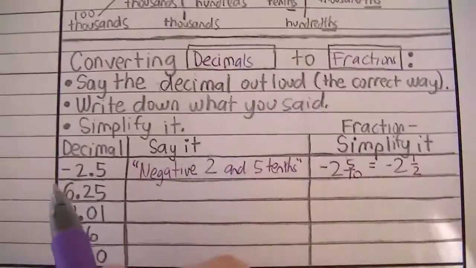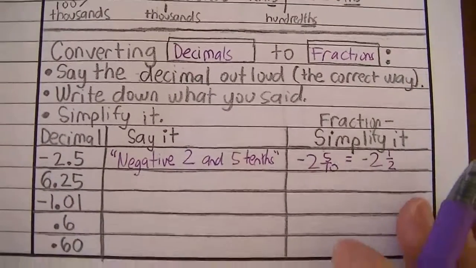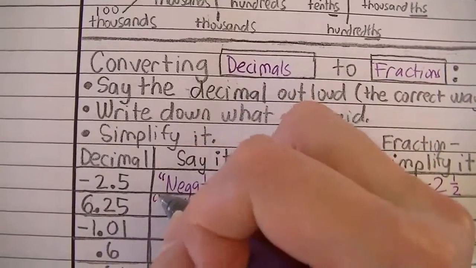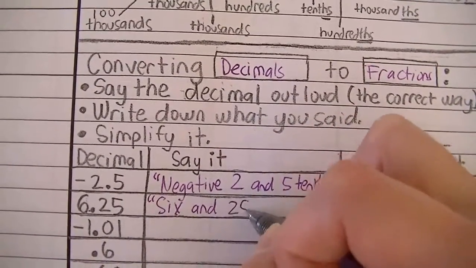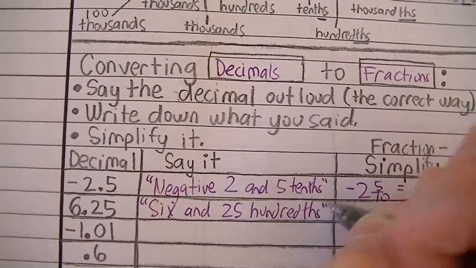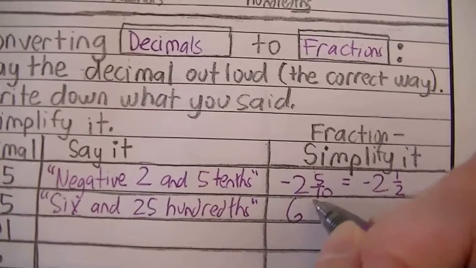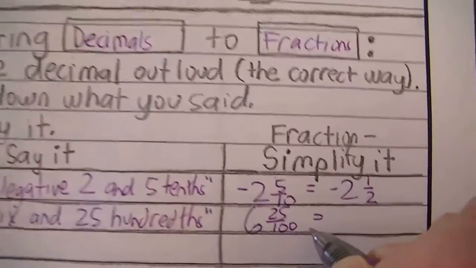Okay? So here is its decimal form. Here is its fraction form. The next one is 6 and 25/100ths. Now write down what you said. 6 25/100ths. Don't forget to simplify.